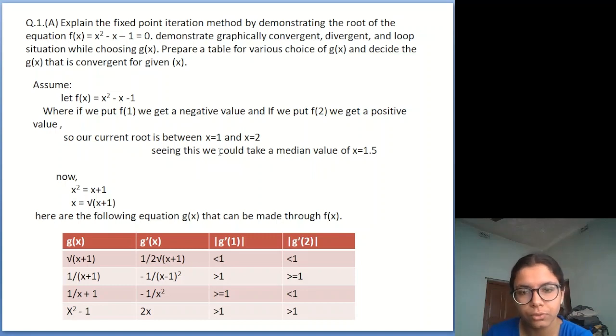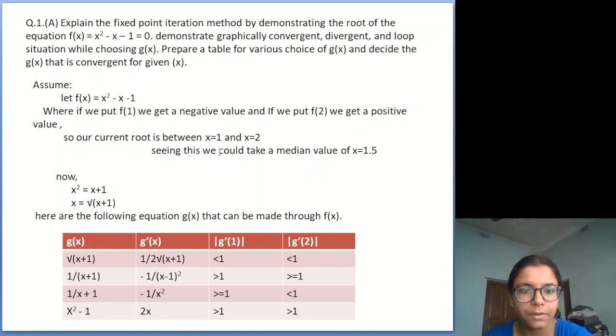So we can conclude from this that our root is between x = 1 and x = 2. So for now we can take a median value of 1.5.